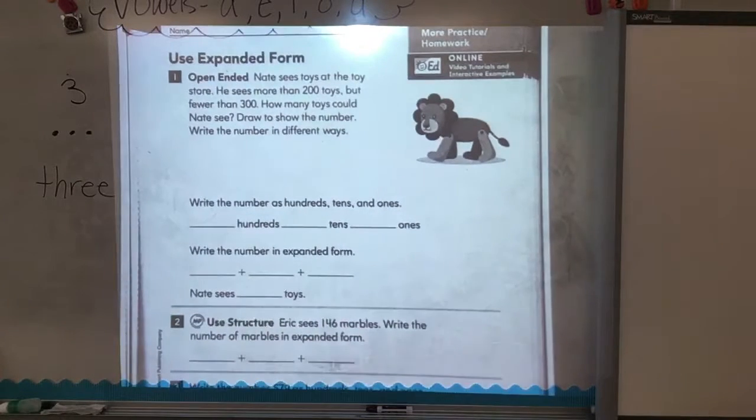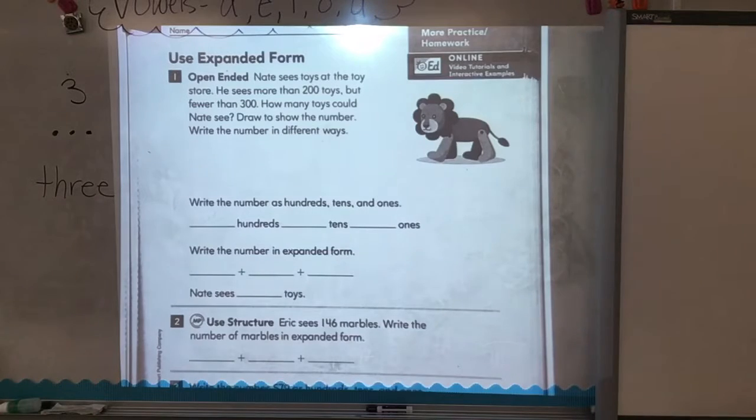Alright, this was the homework page from Module 5.1. We did this in class, so this one did not come home. But I did want to put it up just in case anybody wanted to see this strategy and what it looks like. Nate sees toys at the toy store. He sees more than 200, but fewer than 300.